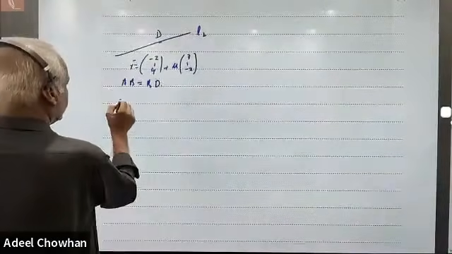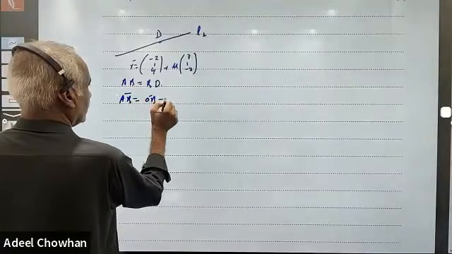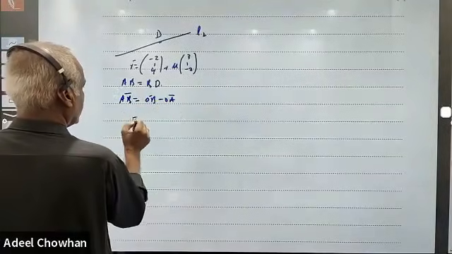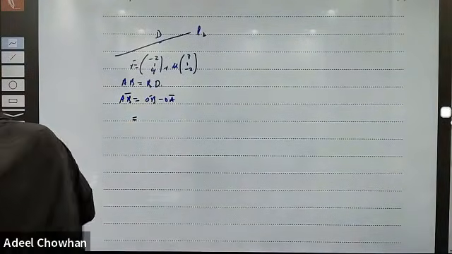So the AB length is OB minus OA, which we have calculated.